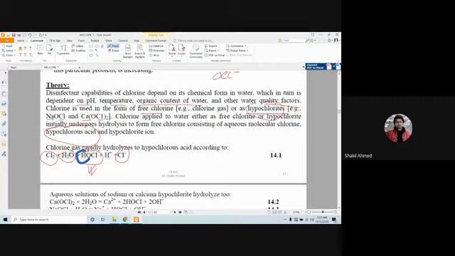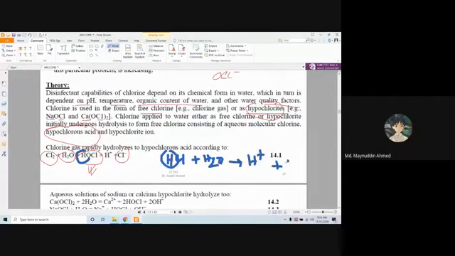If you had added something, for example, hydrochloric acid, into the water, then you would be adding hydrogen ion, H plus Cl minus. That would have reduced your pH.